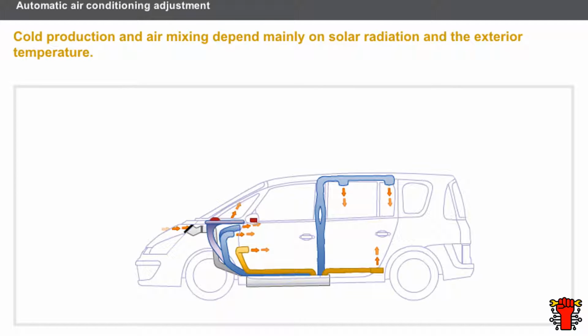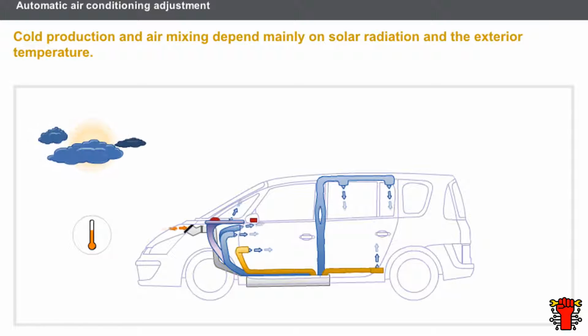We shall look first at how the air conditioning computer adjusts the production of cold and the blown air temperature. Cold production and air mixing depend mainly on solar radiation and the exterior temperature. If the intensity of the sun's rays reaches a certain level, the solar radiation sensor communicates this to the computer. The computer activates the compressor electric control valve to produce more cold.